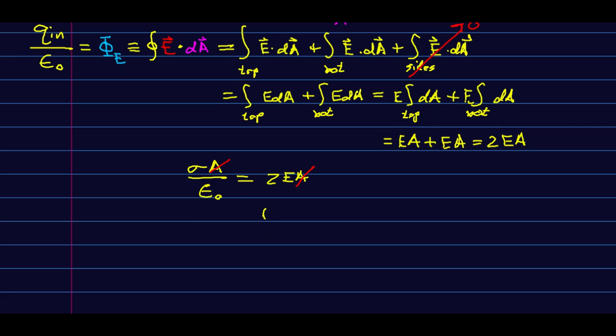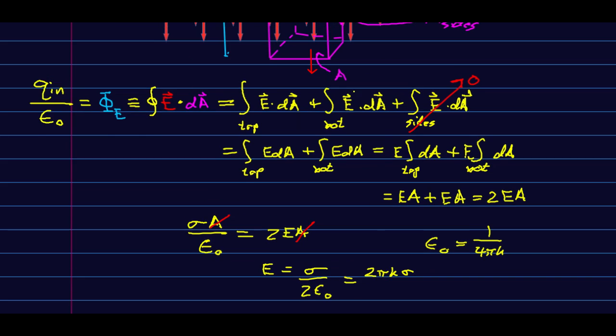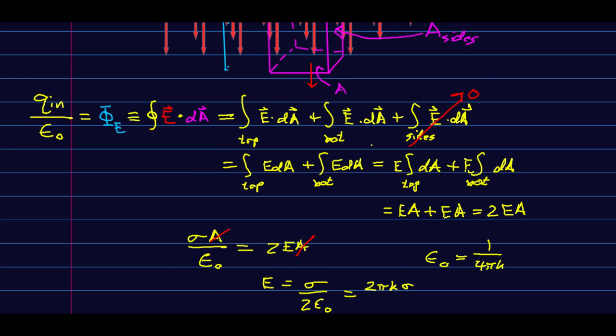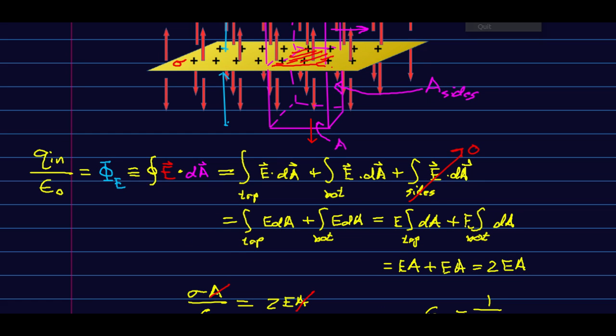And so solving for E, I just get sigma over 2 epsilon naught. And remember that epsilon naught is 1 over 4 pi k. And so this is just 2 pi k sigma, which is what we got before, but it took us most of a video lecture to get it, and here we've got it in a few fairly easy lines.